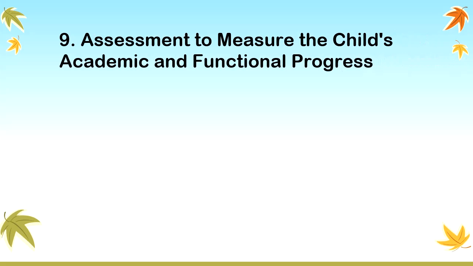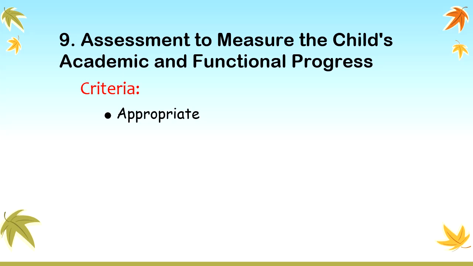The ninth component of IEP is assessments to measure the child's academic and functional progress. After the stipulated period, the child's achievement of the set goal has to be evaluated. So, the assessment has to take into account the basic requirements of assessment and assessor: the assessment should be appropriate to the needs and abilities of the child and should be carried out by a responsible person.